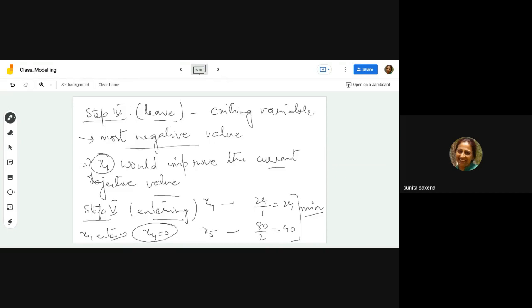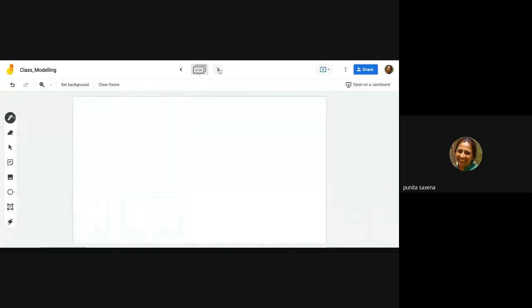You can use any language you want. So you have a leaving variable and an entering variable. Now comes the next step, step number 6, which we call pivoting. Pivoting means rewriting the table with the new set of variables.